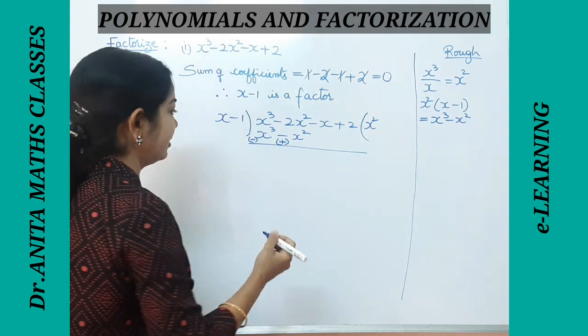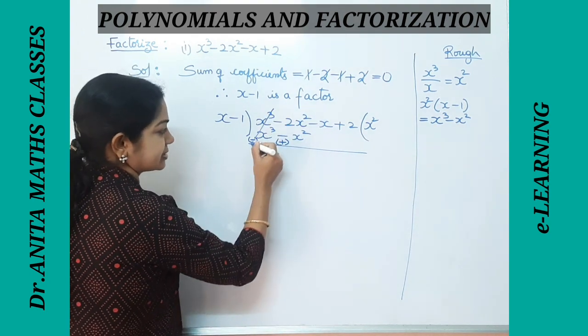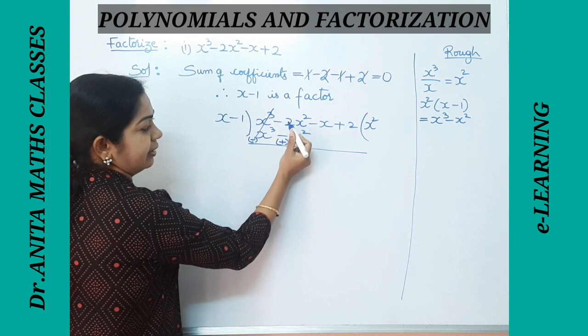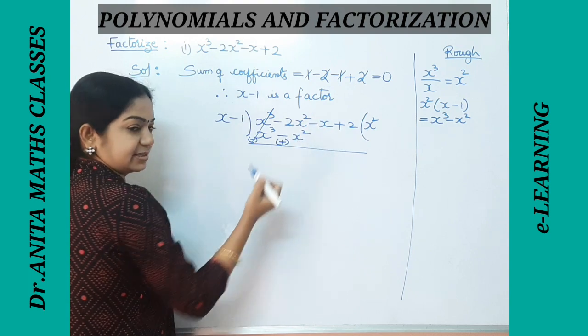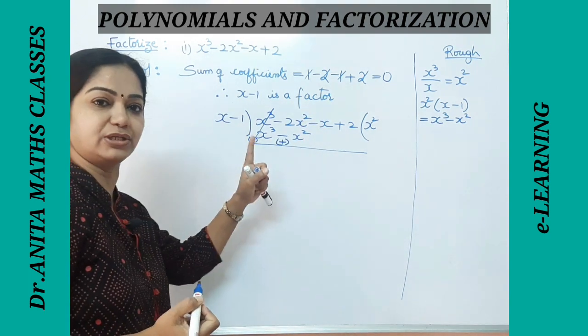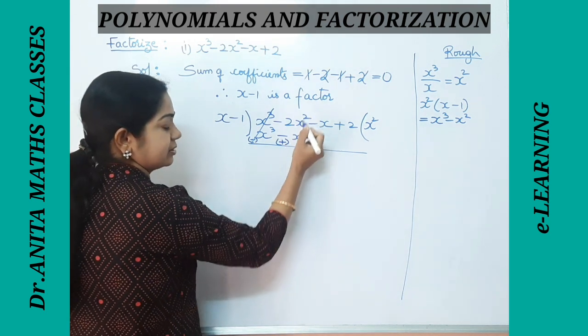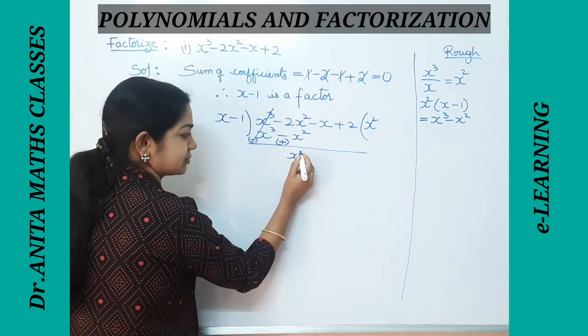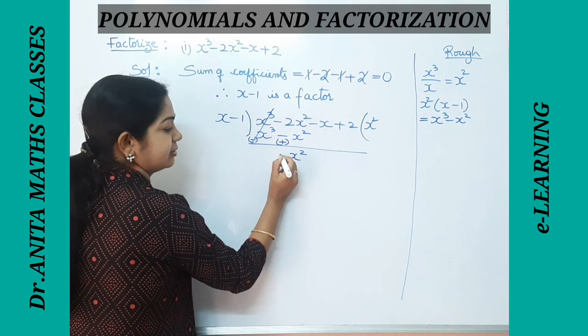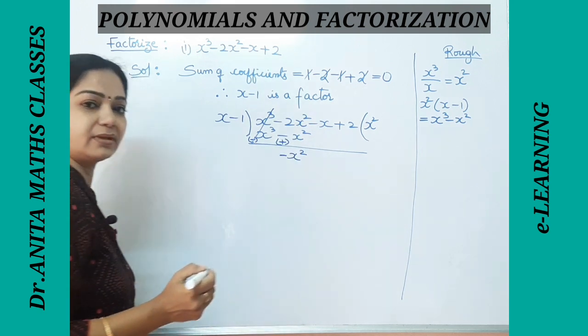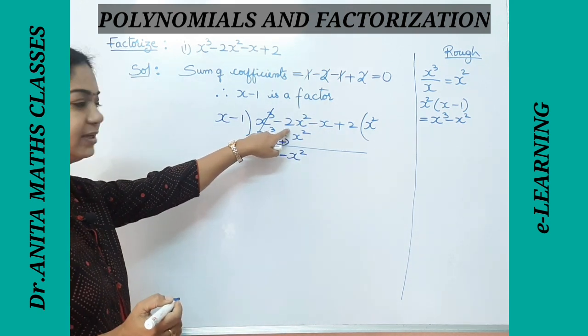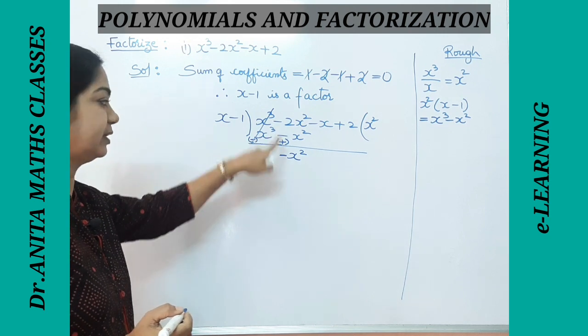Change the signs and operate here. Plus x cube minus x cube goes off here. Minus 2x square plus x square, that means different signs, so we need to subtract here. 2x square minus x square comes to x square, and the sign of the bigger one is carried over. 2 is the bigger one, so the sign we have to carry over is that of the bigger one.